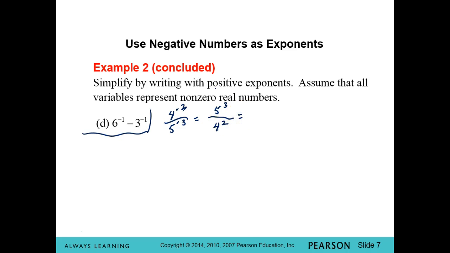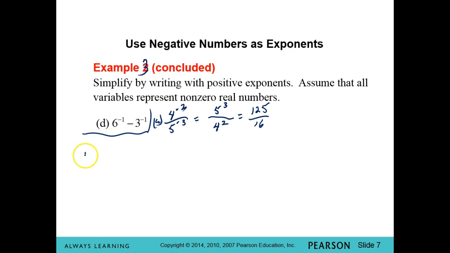Now, I think you know what 5 cubed is, right? 125. And what's 4 squared? 16. There we've actually evaluated it as well. Now, did they do that? They said simplify. They didn't say evaluate. They said, or you can go on one more step. Okay? So that was the A. This is example 3. Okay?